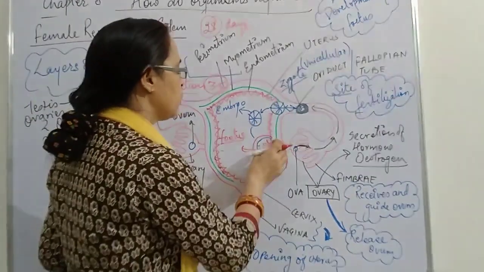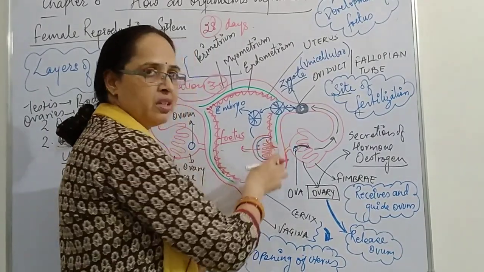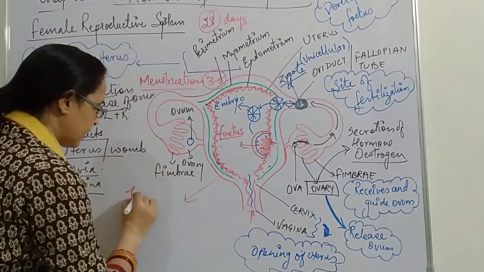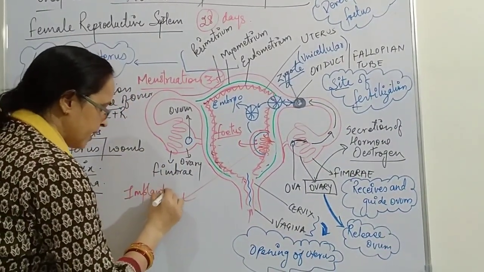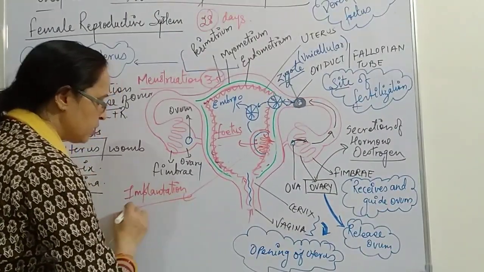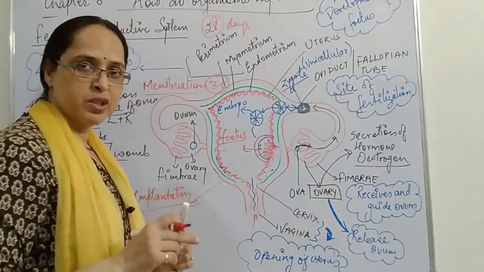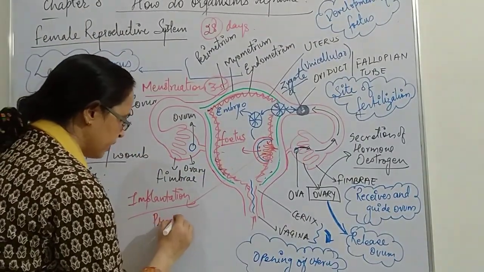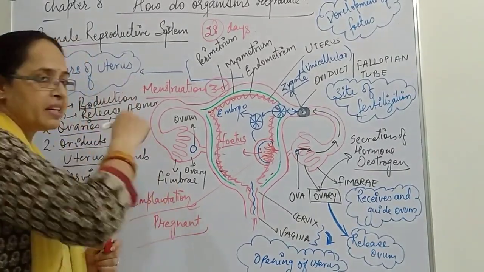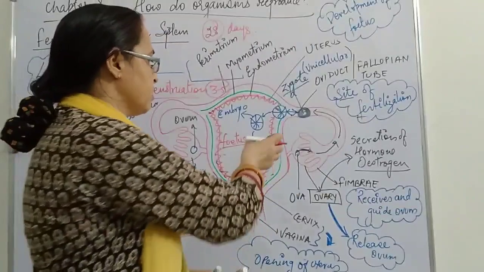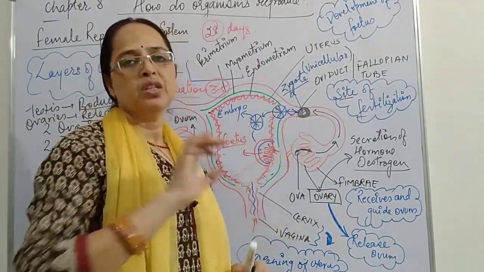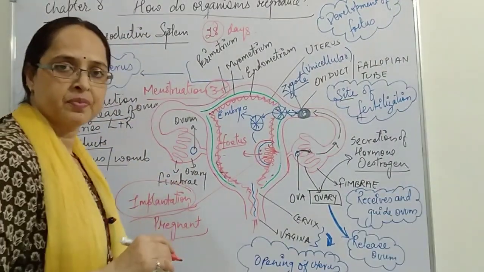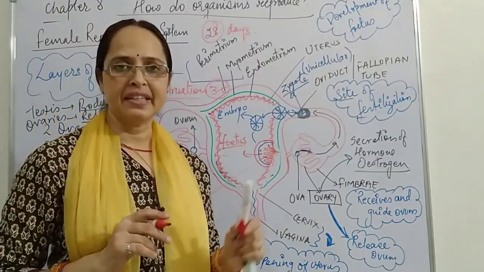The attachment of the embryo to the endometrium wall is called implantation, and now the female is said to be pregnant. Pregnancy is detected only when the embryo gets attached to the uterus wall, or we say implantation has occurred.